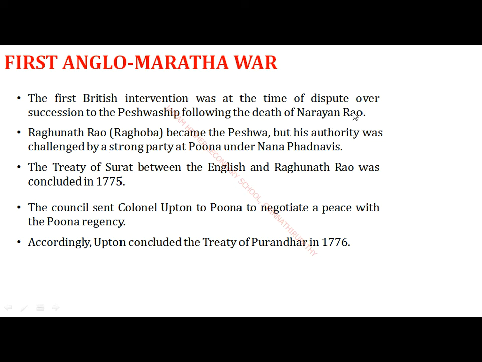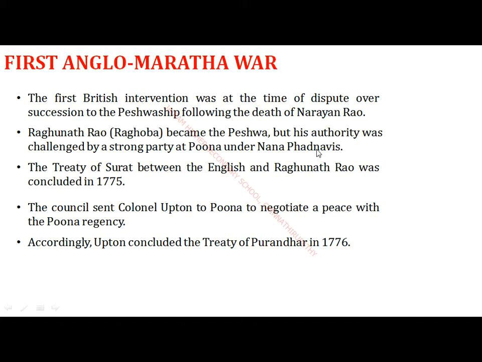Automatically, when Narayan Rao died, the post had to be handed over to Raghunath Rao. But his authority was not accepted by the strong party, who belong to the same region, that is, Pune, under the leadership of Nana Padnavis.